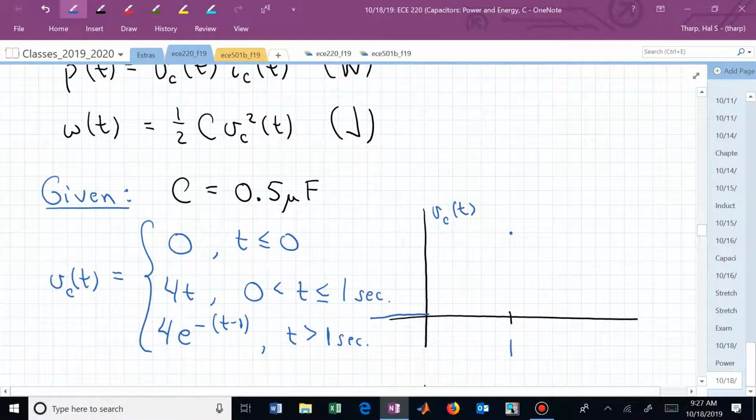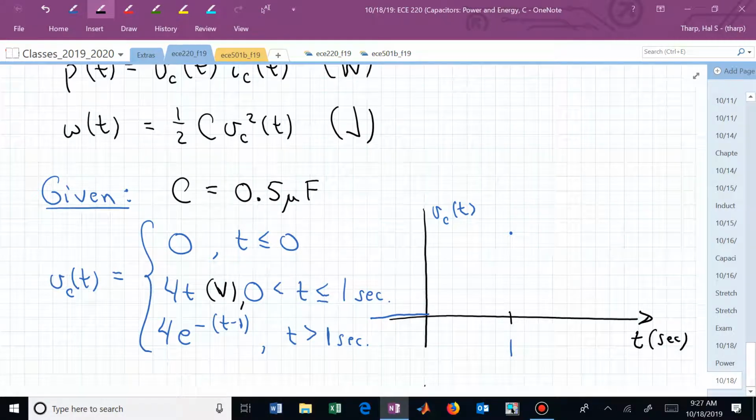Between 0 and 1, and the units on this will be volts. I don't want you to confuse that as being a variable for the 4t. The functional form for the voltage is 4t, and that's in volts. We're now going to go up to 4 in a linear fashion.